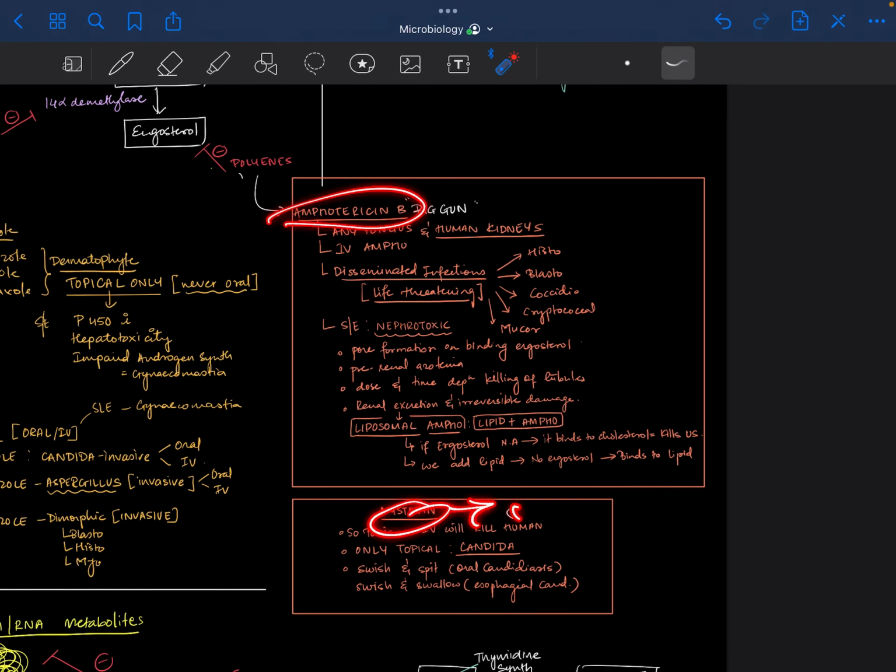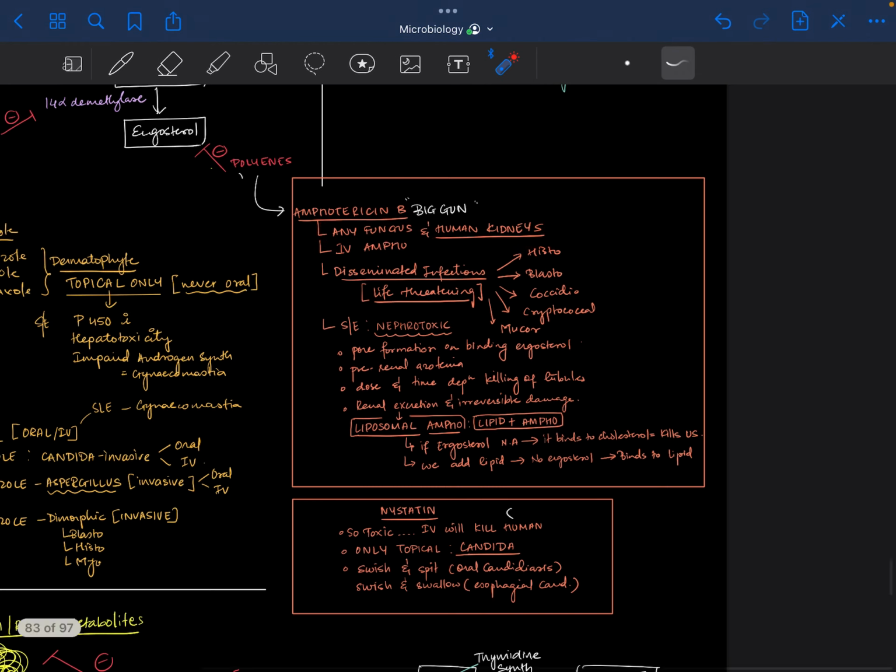Nystatin is always going to be given topically because it will kill human cells. It's very toxic. Only topical. Swish and spit or swish and swallow for oral or esophageal candidiasis. That's all. Amphotericin B, very, very, very nephrotoxic. You'll always give it for life-threatening, very bad infections. It will kill any fungus, but also human kidneys.